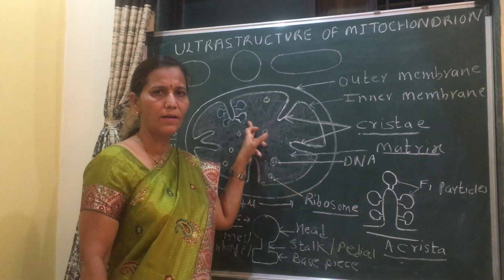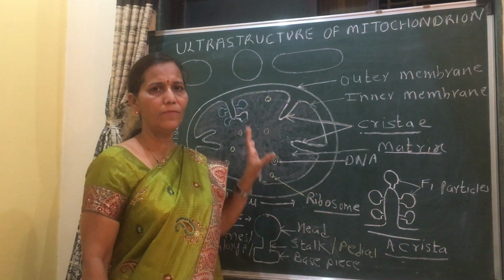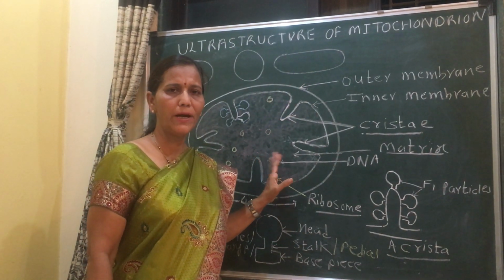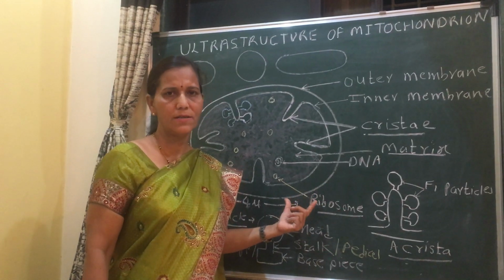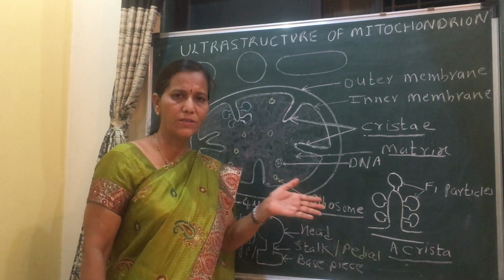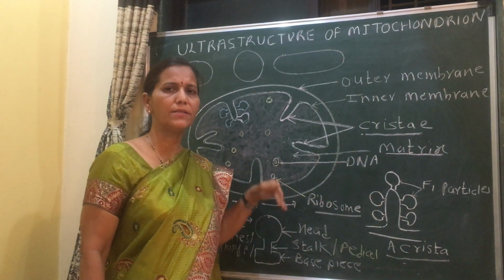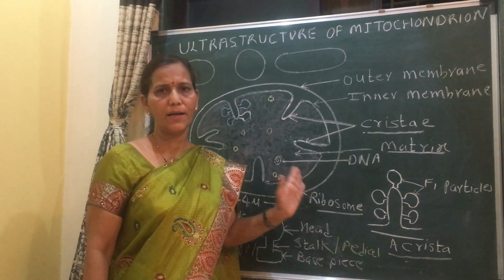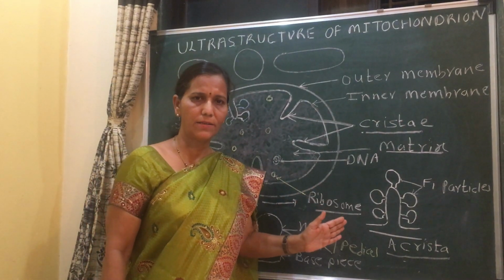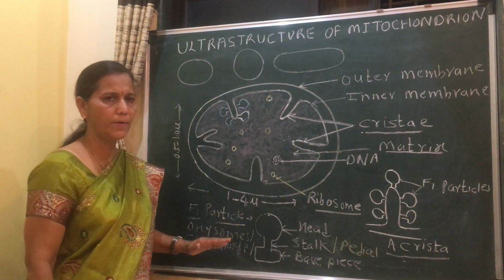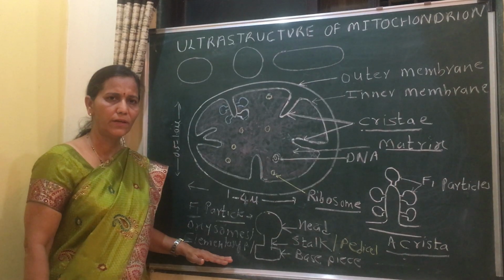Thus, this is like an inverter which provides energy to the cell. As it oxidizes food, here pyruvic acid, it is completely oxidized and ATP molecules are released. This is the structure of mitochondria. Thank you, friends.